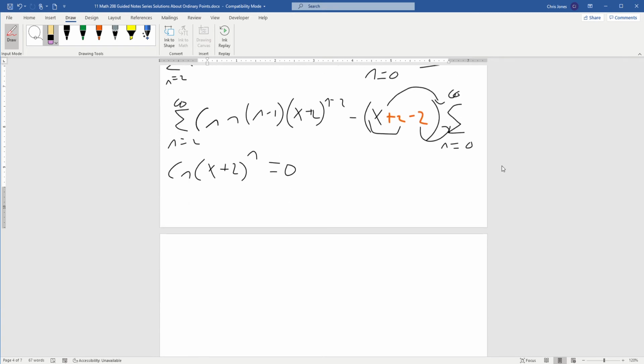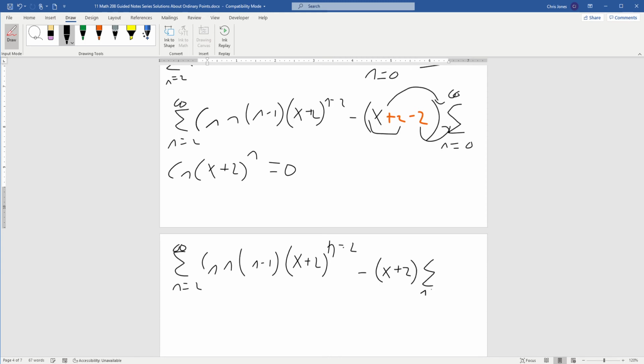And again, this is the common technique we need to be able to solve these series about points other than 0. So now we end up with the series n equals 2 to infinity, c sub n, n, n minus 1, x plus 2 to the n minus 2. We're going to distribute the x plus 2, so that's going to be minus quantity x plus 2, series n equals 0 to infinity, c sub n, quantity x plus 2 to the nth power.